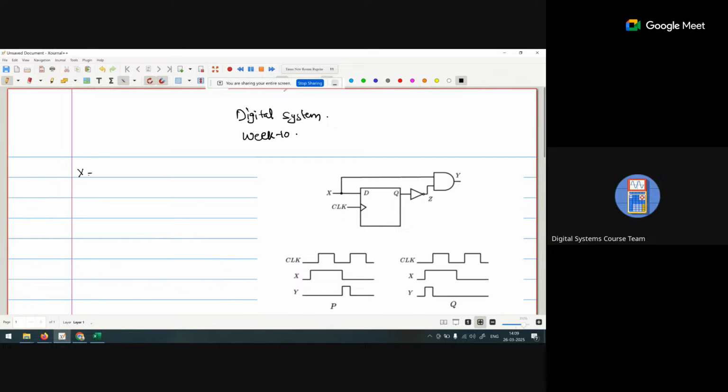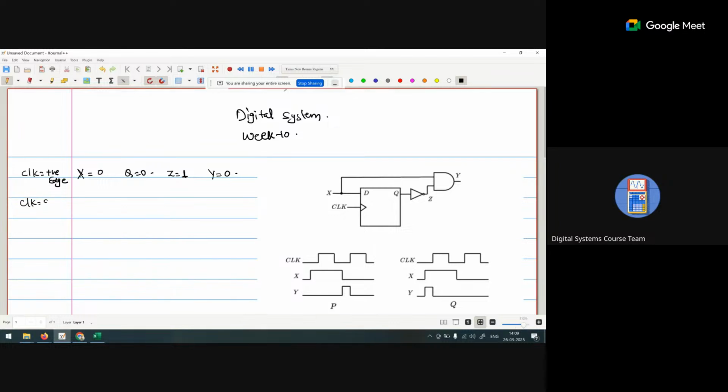So when x is 0, the clock is a normal clock, so it is positive edge triggered. X is 0, so when x is 0, what is the output? Q is 0. If Q is 0, that means Z is 1. And when Z is 1, Y is equal to 0.